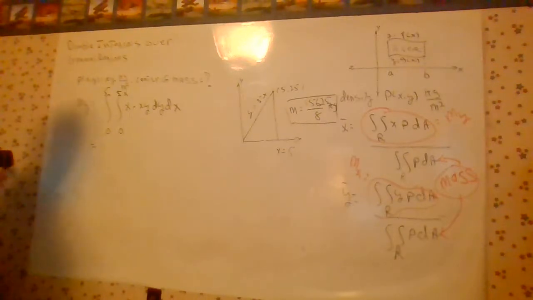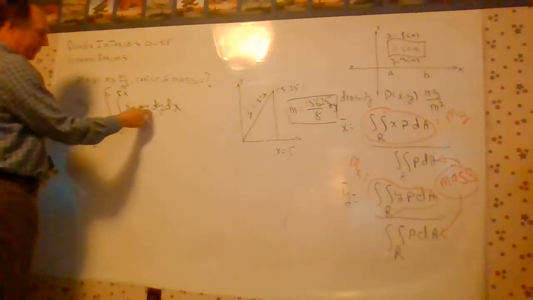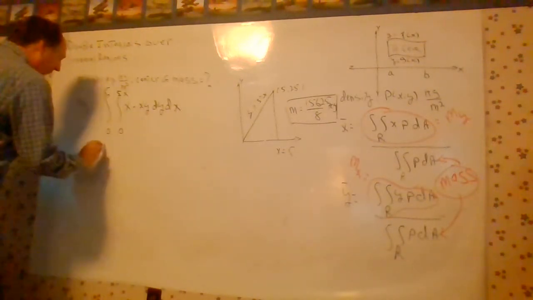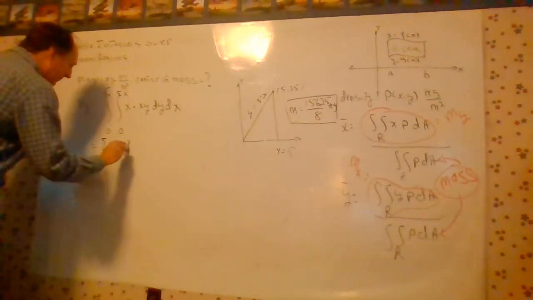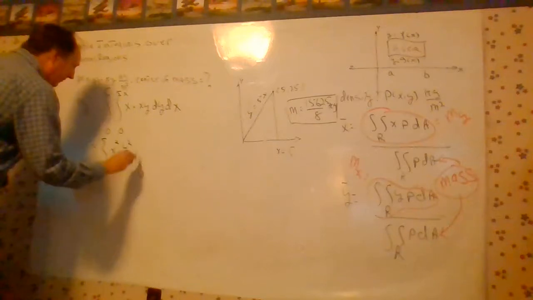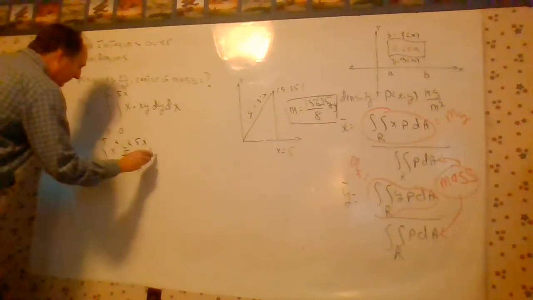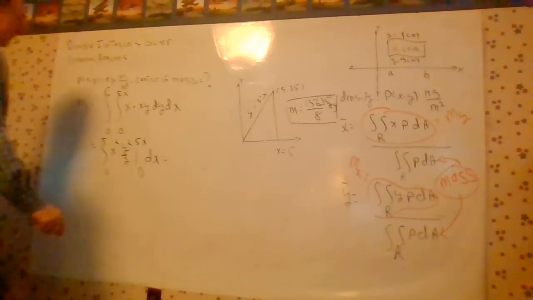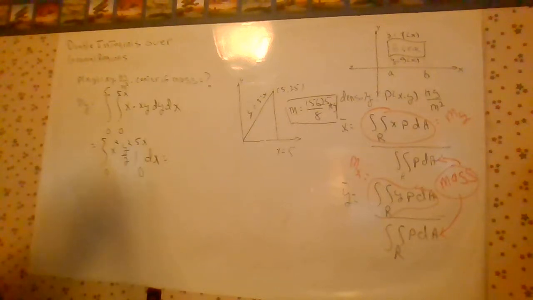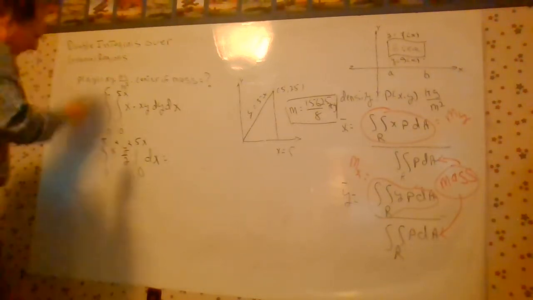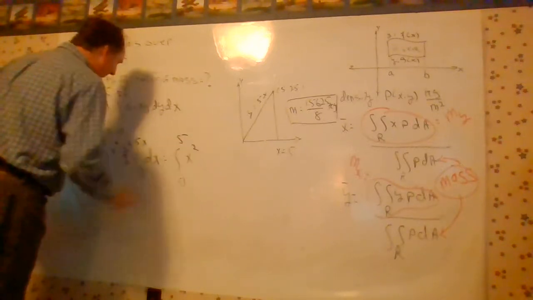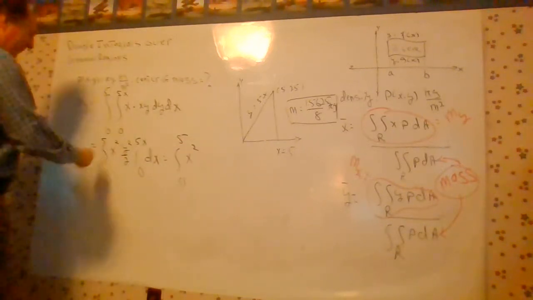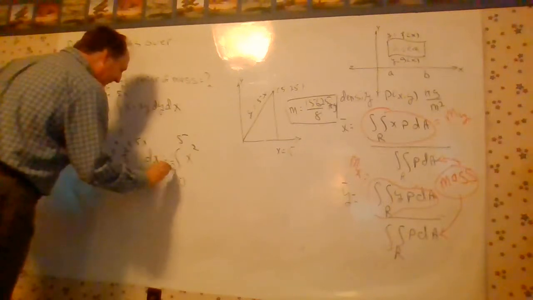And that's going to be equal to, we have an x squared here, but first we integrate y dy, so we have the integral from 0 to 5 of x squared, y squared over 2, from 0 to 5x, dx. Okay. We can move the 1/2 out front if you want.